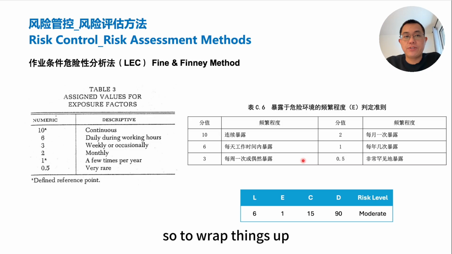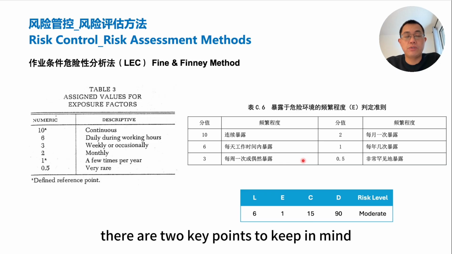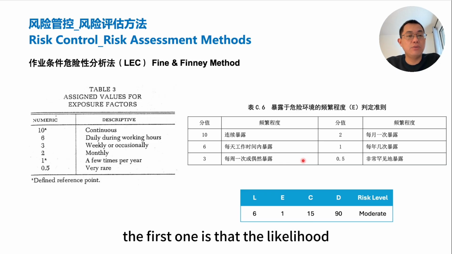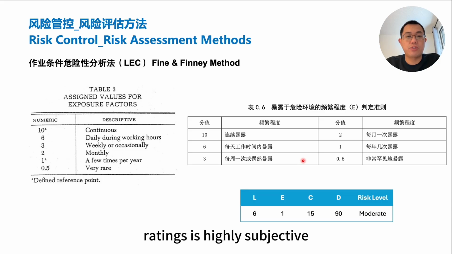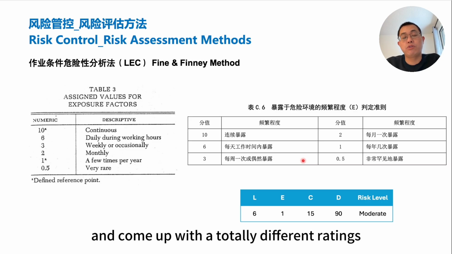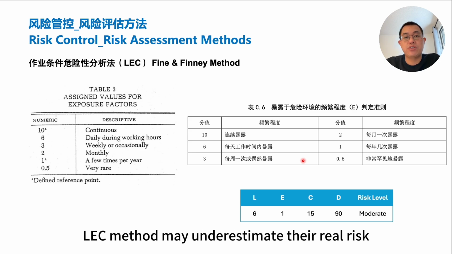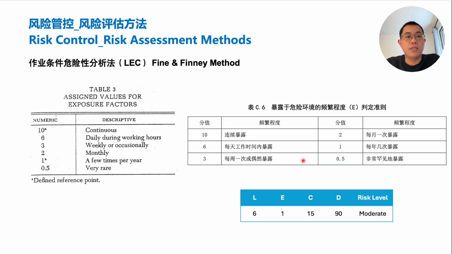To wrap things up, the LEC method is simple and practical, but we need to use it with caution. There are two key points to keep in mind. The first one is that the likelihood rating is highly subjective, and different people can look at the same hazard and come up with totally different ratings. And the second is that for infrequent exposures, the LEC method may underestimate their real risk.